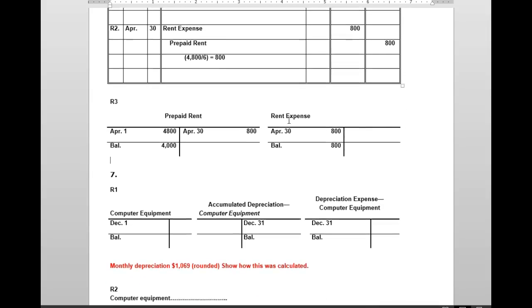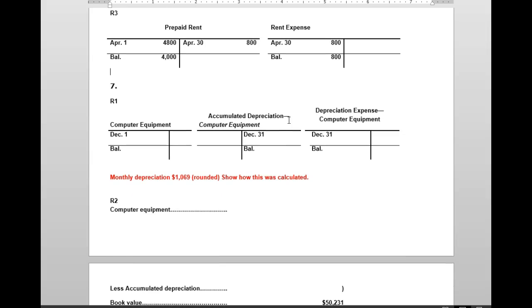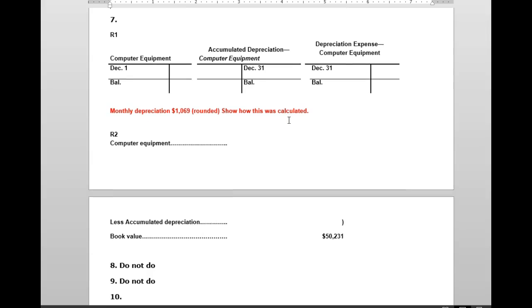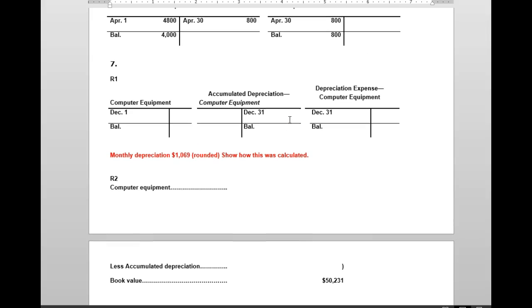And we have number 7. And number 7 is depreciation. And depreciation is a wonderful thing, and this one's a fairly easy depreciation schedule. They bought computers for $51,300. They're going to last for 4 years.